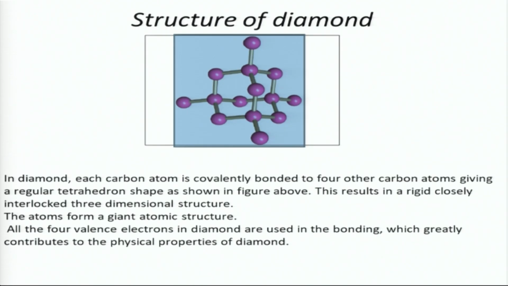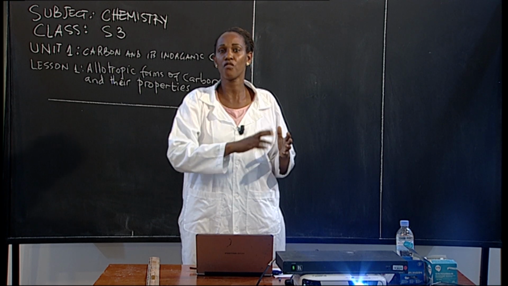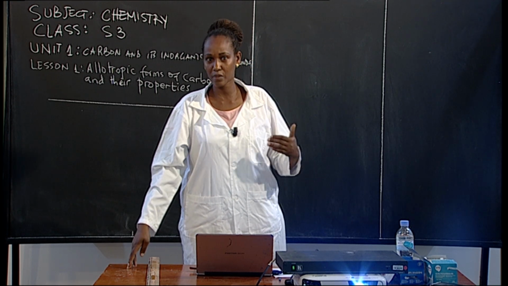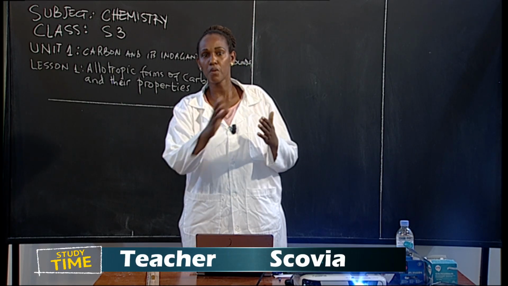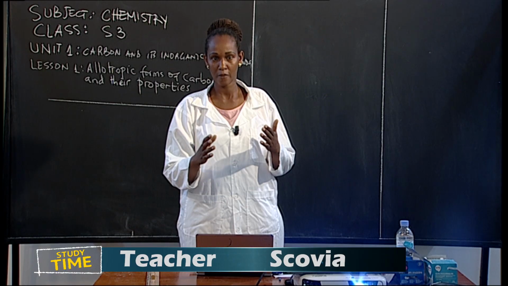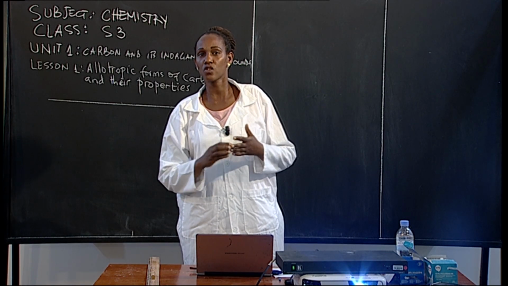So in brief, when we look at the structure of diamond here, we have to note that each carbon is bonded to 4 other carbons by what we call covalent bonding. You know, covalent bonding was started in senior 2. It is bonded to 4 other carbons. So that one gives it a shape we call a regular tetrahedral shape.